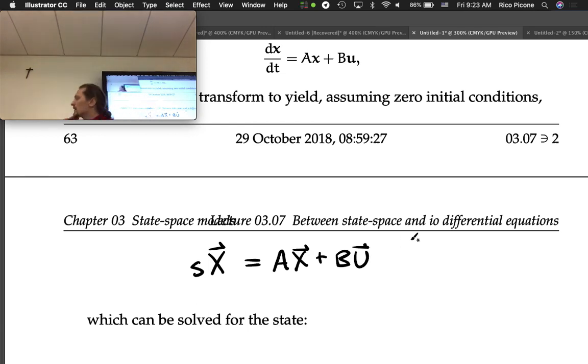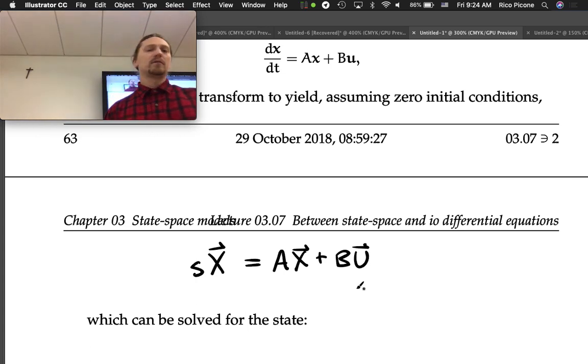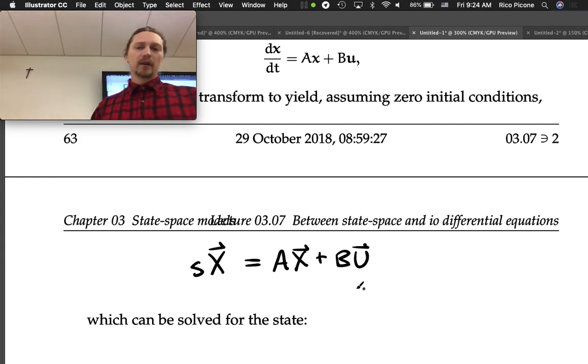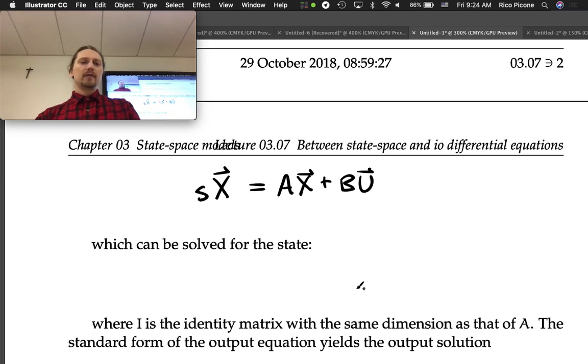And note that A and B are constant matrices, if we're working with linear time invariant systems, which is the focus of this course. So the Laplace transform allows us to pull the constants out front. So we can solve this equation for the state.